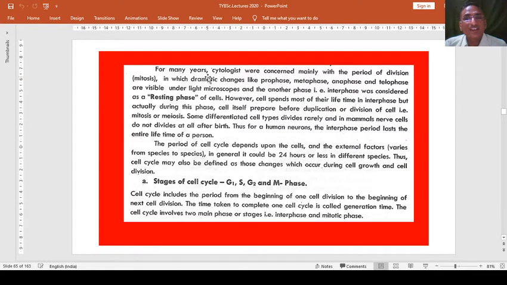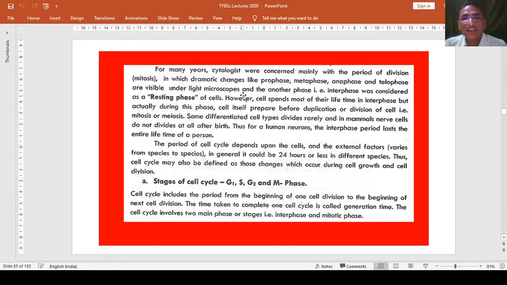For many years, cytologists, the scientists who work on the cell, where cytology means the study of the cell, were concerned mainly with the period of division, that is mitosis, in which dramatic changes like prophase, metaphase, anaphase and telophase are visible under light microscopes.